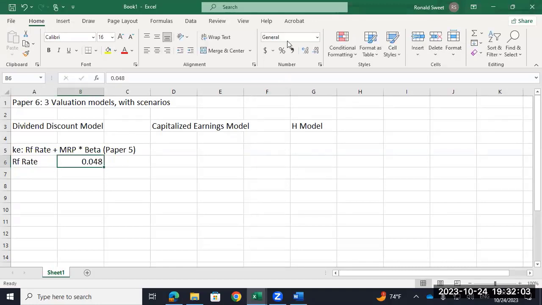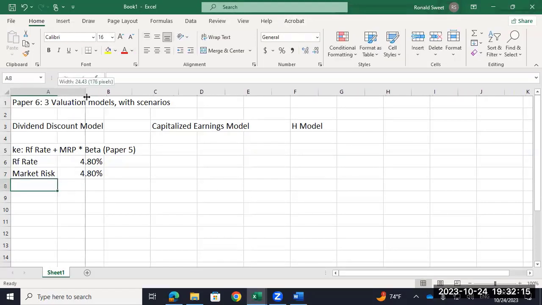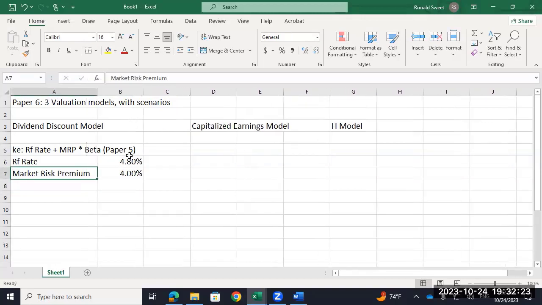Don't run scenarios on the risk-free rate. Market risk premium, just have one of those. You did that in paper 5, so you'll have that.